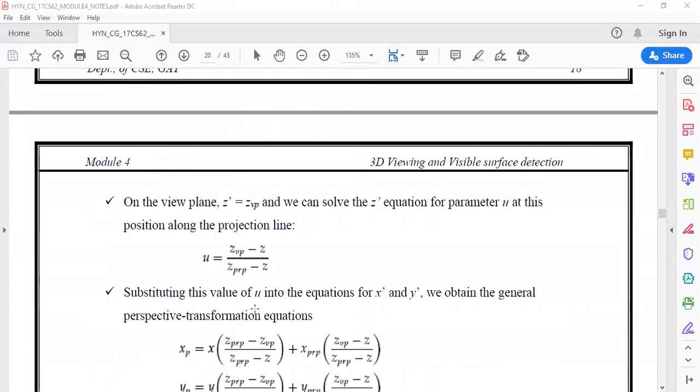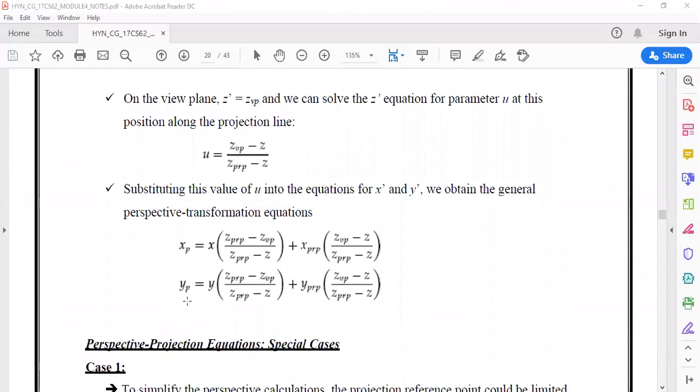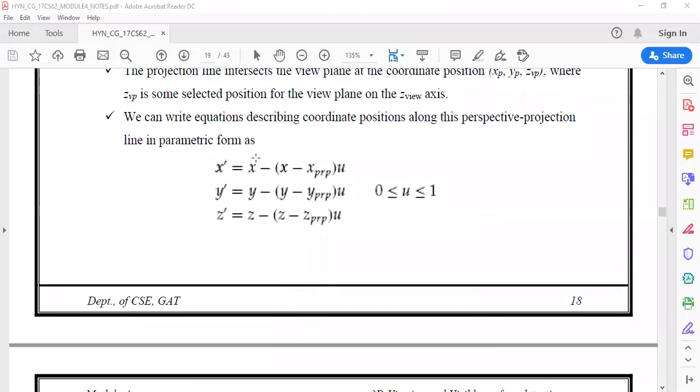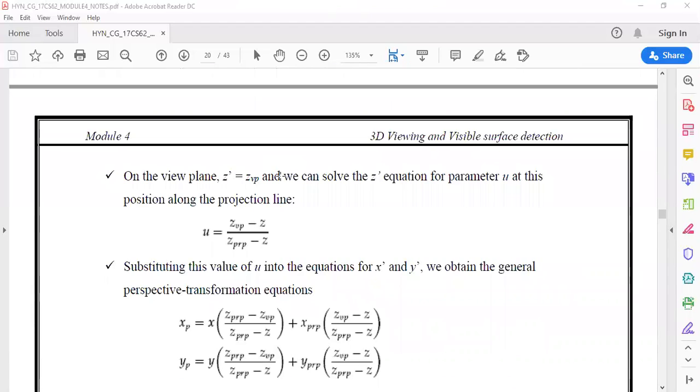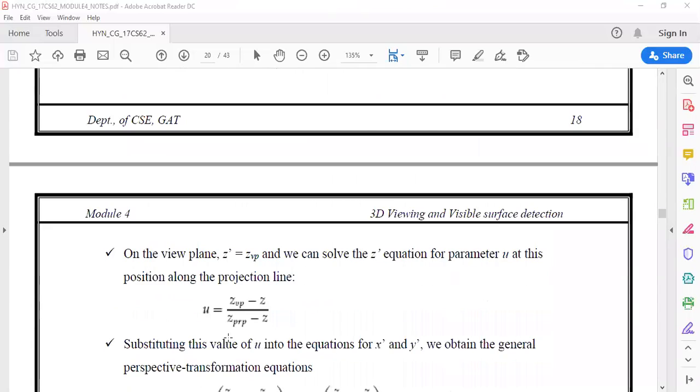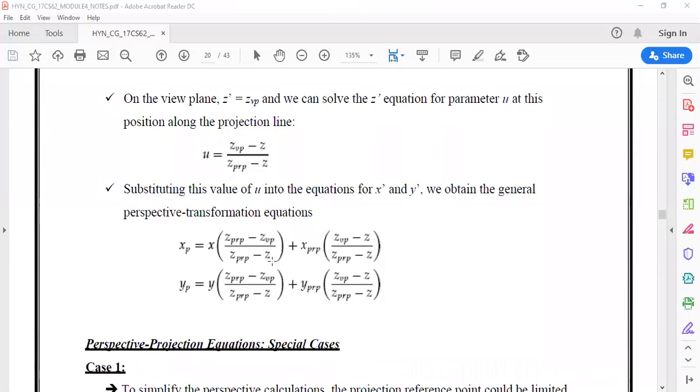If I take x minus x dash, what remains is x times u plus u times xprp. Just substituting the value of u, you get x into zprp minus zvp divided by zprp minus z, plus xprp into zvp minus z divided by zprp minus z.